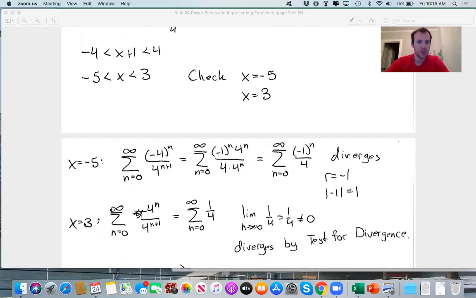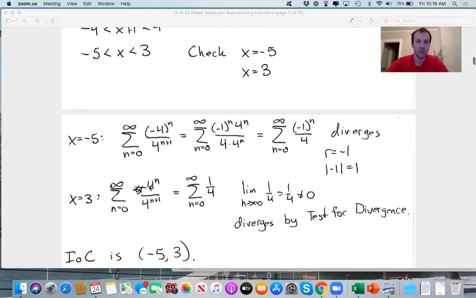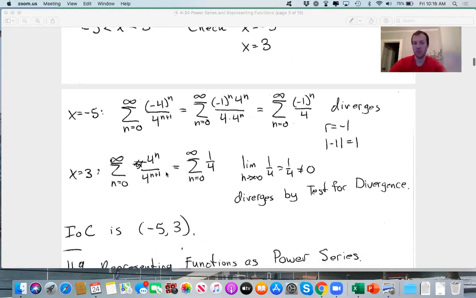If we put in 3 into (x plus 1) to the n, we get 4 to the n. But then we get some cancellation too, giving us a 4th. And this, we can say, the terms of this are constant, so the limit of the terms is a 4th. And because that's not 0, this series diverges by the test for divergence.